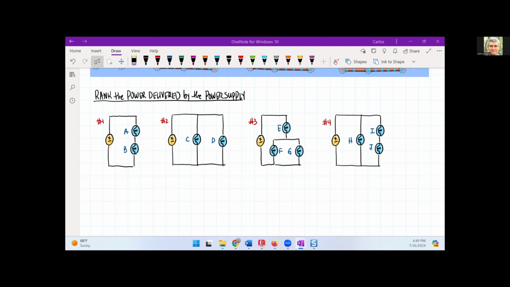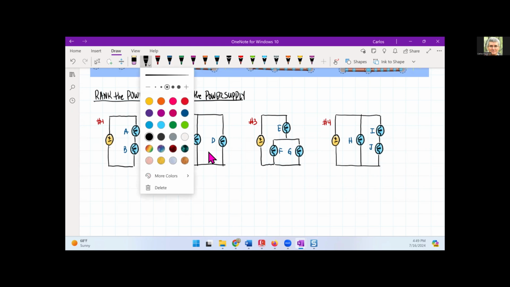So if I look at this, I would say that definitely the most powerful has to be circuit 2, and then circuit 3. No, not circuit 3. No, I'm sorry, I messed up.